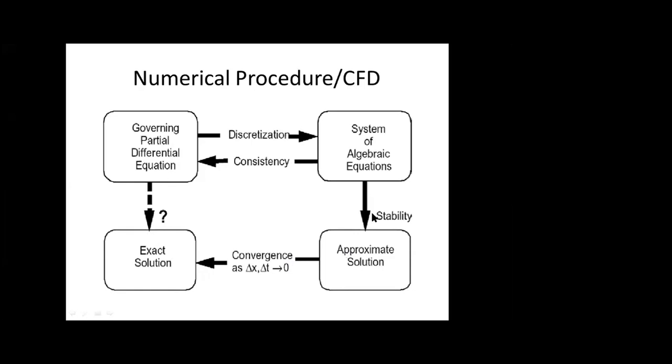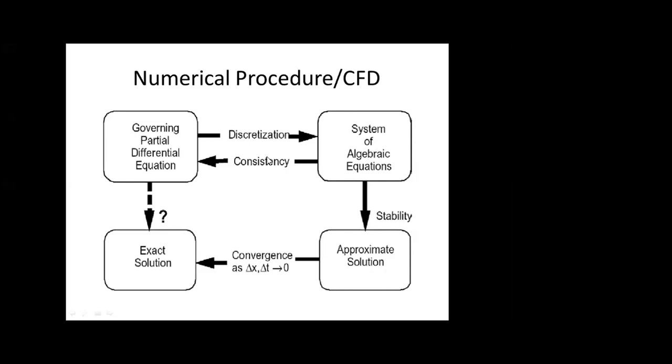And then what we do here is the consistency study, the stability study, and the convergence study. So the consistency, stability and convergence studies are a part of CFD. And these three things give the authenticity for the approximate solution.